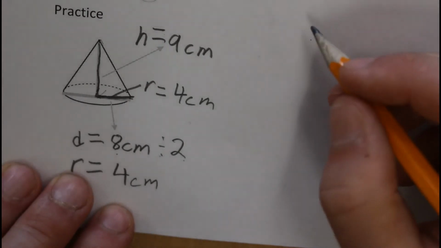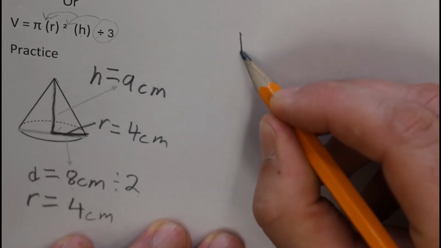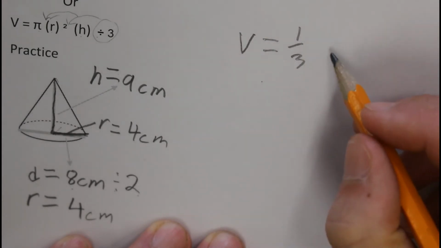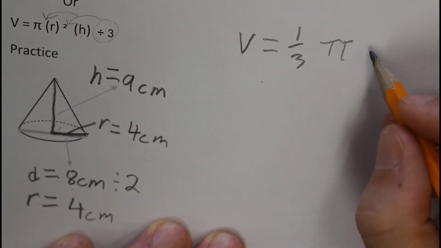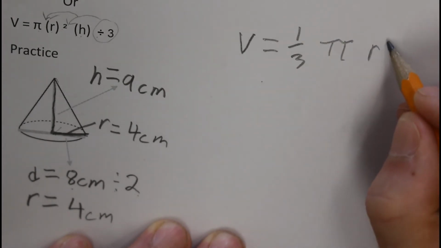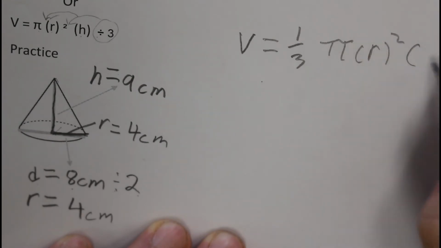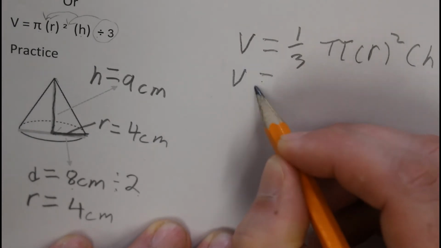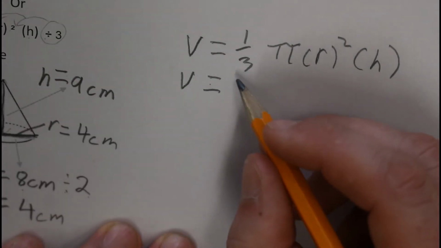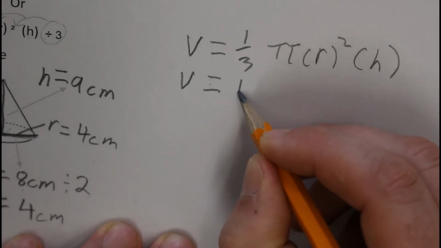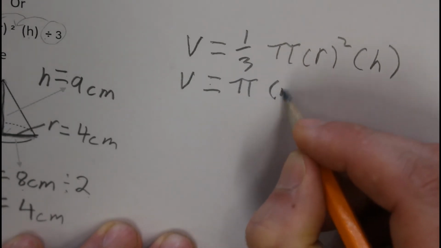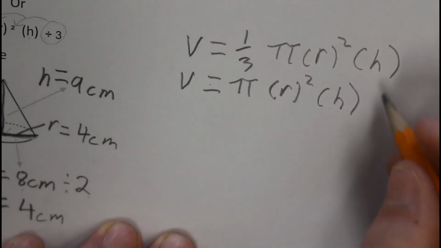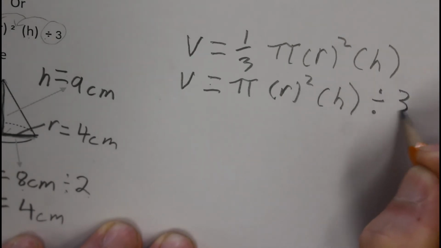All right, so let's write out the equation one more time. Volume equals 1/3 times pi times radius squared times height, or volume equals pi times radius squared times height divided by 3.